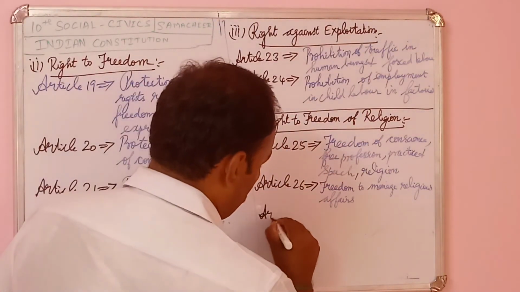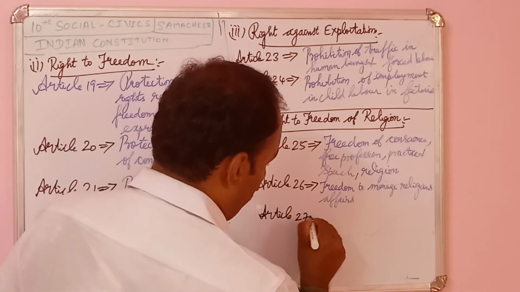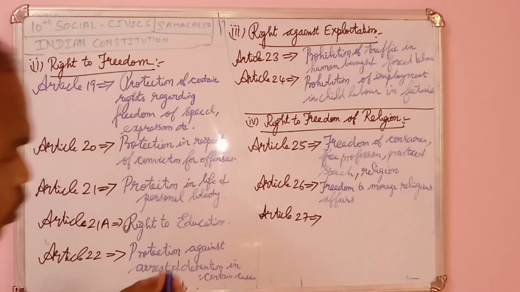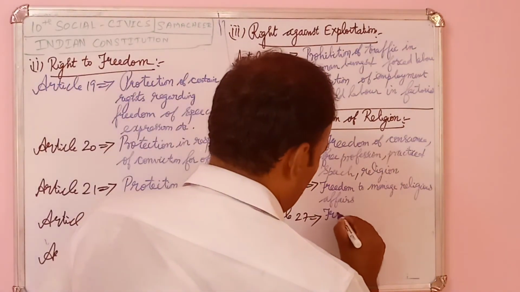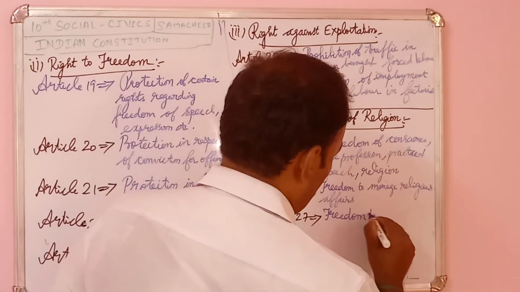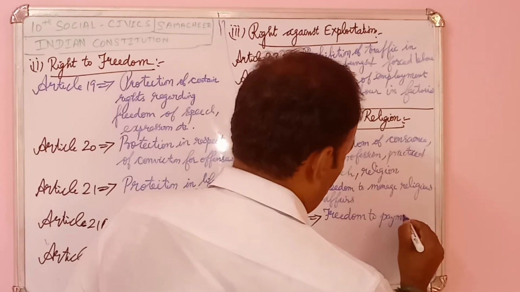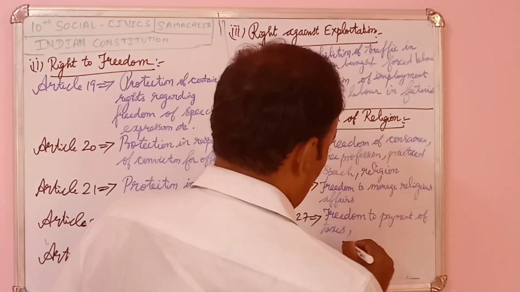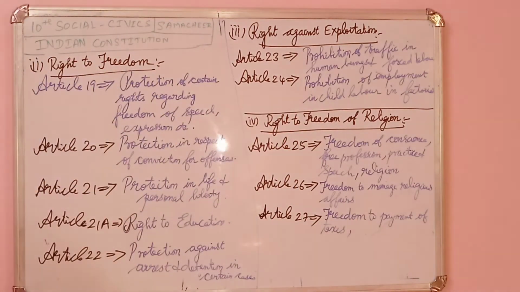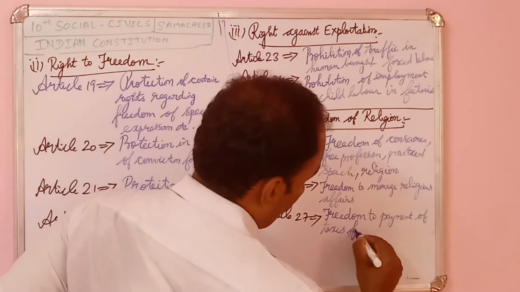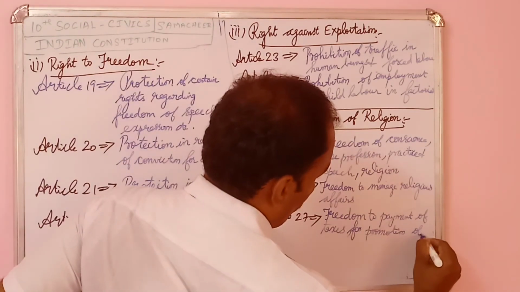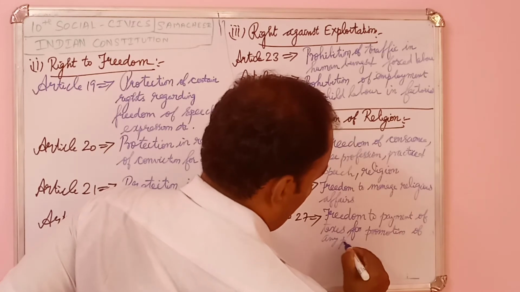The next is Article 27. Article 27 is freedom to payment of taxes for promotion of any particular religion.